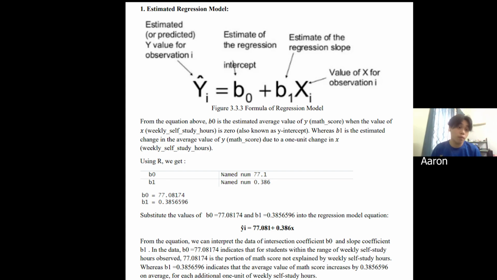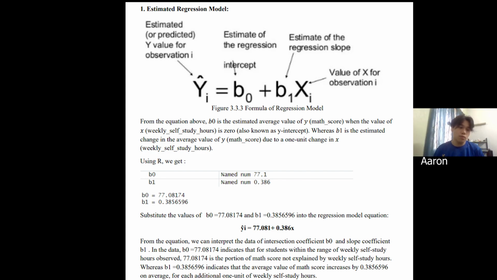So substitute the values of B0 and B1 into the regression model equation. The estimated y value for observation i equals 77.081 plus 0.385x. From the equation, we can interpret the intercept coefficient B0 and slope coefficient B1.